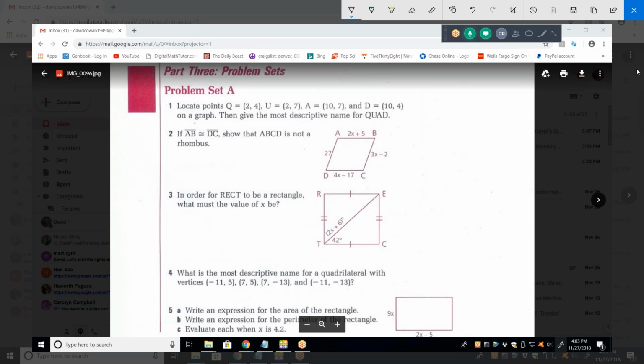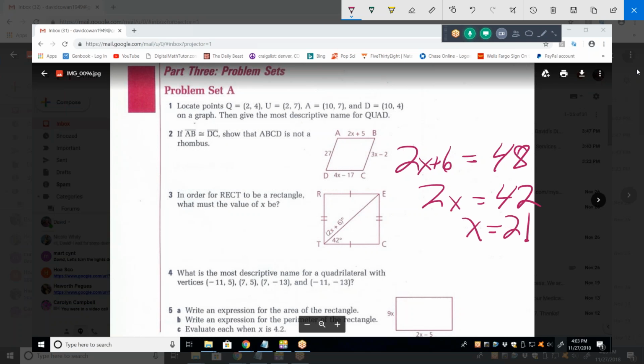No. First of all, for that to be a rectangle, that has to be 90 degrees. So yeah, okay. So start again. It would be 2x plus 6 plus 42 equals 90. Okay, which means that's equal to 48. Which means 2x equals 42, which means x equals 21, which means that angle is 48.